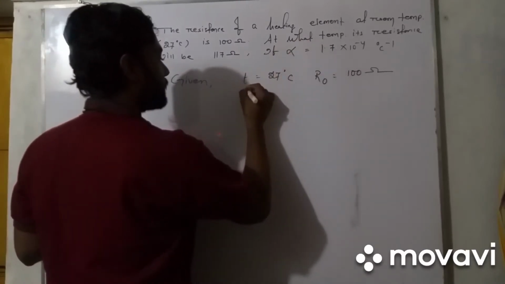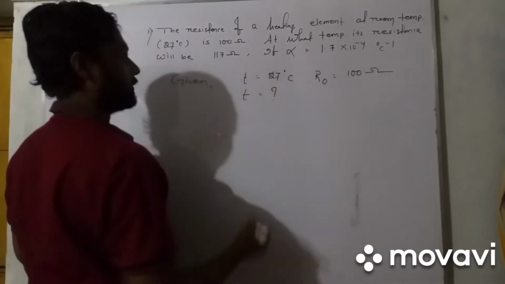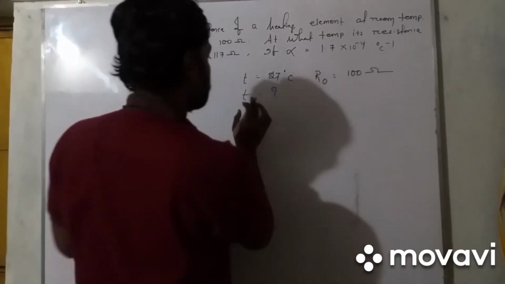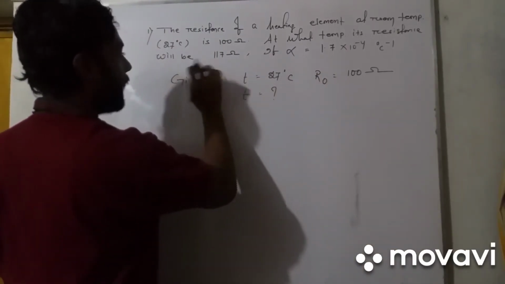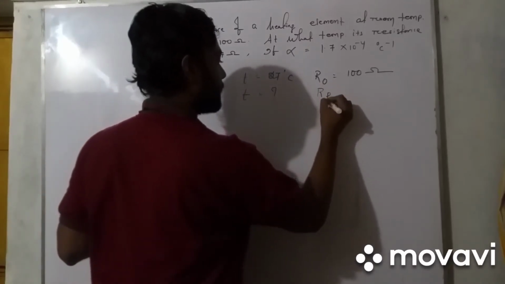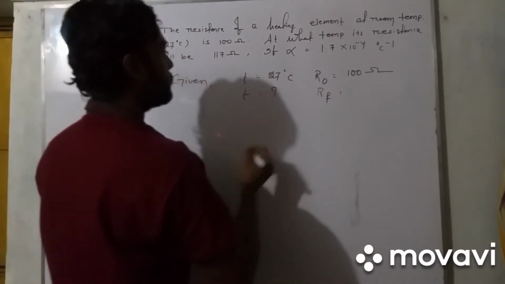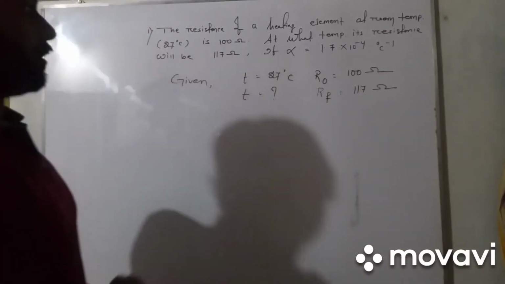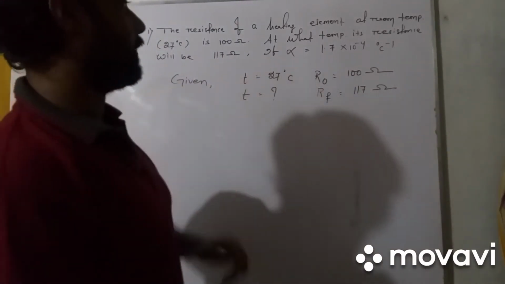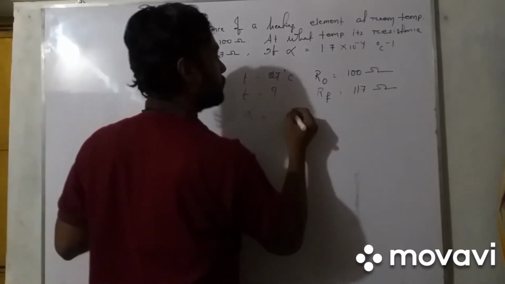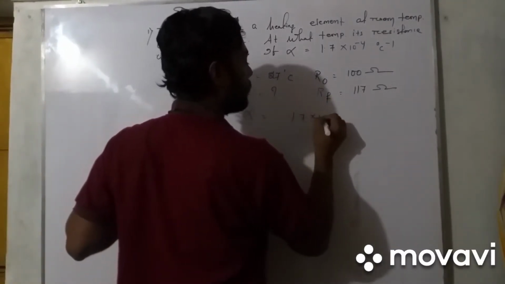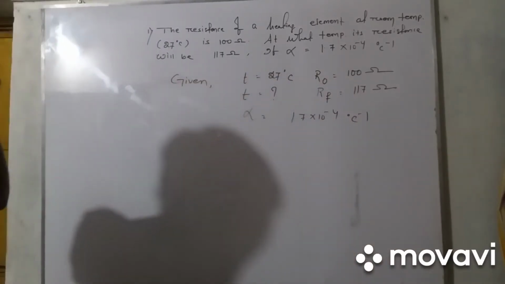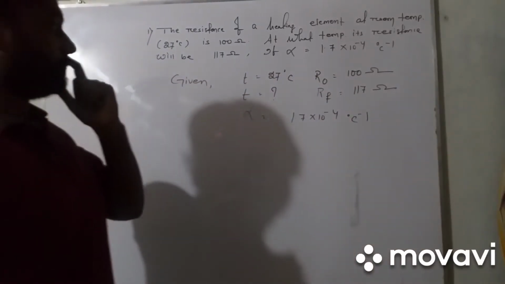At what temperature, that means T equal to what, the final resistance of that heating element is equal to 117 ohm. And also in that question alpha is given, that is alpha equal to 1.7 into 10 to the power minus 4 per degree centigrade. So how to calculate that value?